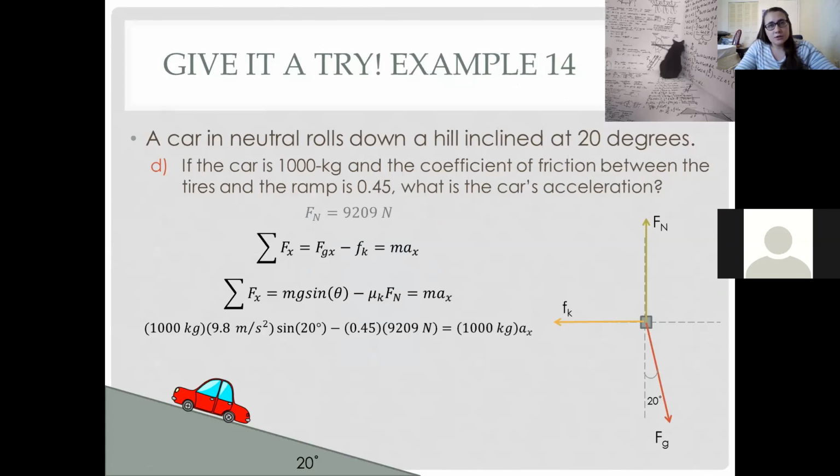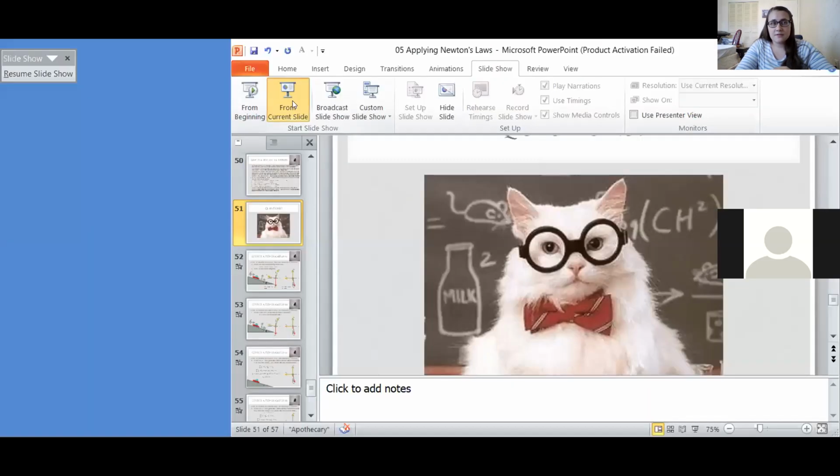And if you remember our SOHCAHTOA that we had talked about way back when, the sine of the angle, here's our angle, is the opposite side of our triangle over the hypotenuse. So if we don't know what that opposite side is, we rearrange that equation: sine equals opposite over hypotenuse becomes opposite equals hypotenuse times sine. And so our x component is the hypotenuse, the force of gravity, mg, times the sine of our angle. Does that make sense? Does that answer your question? Yes, great. Good question.